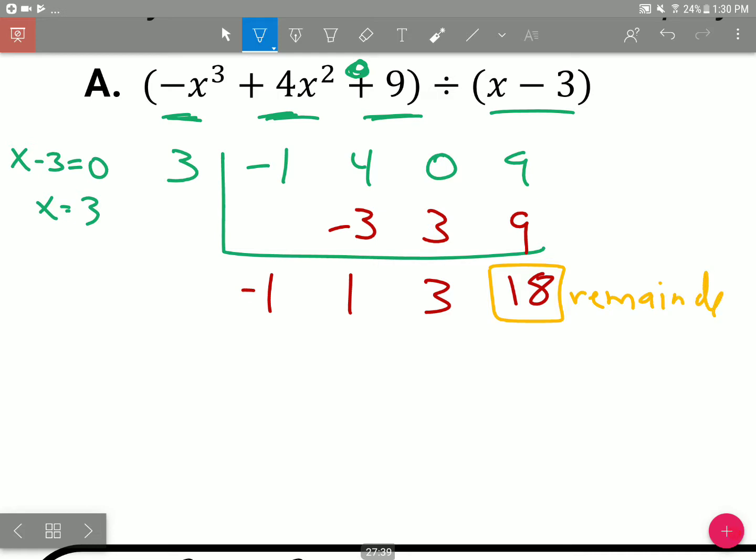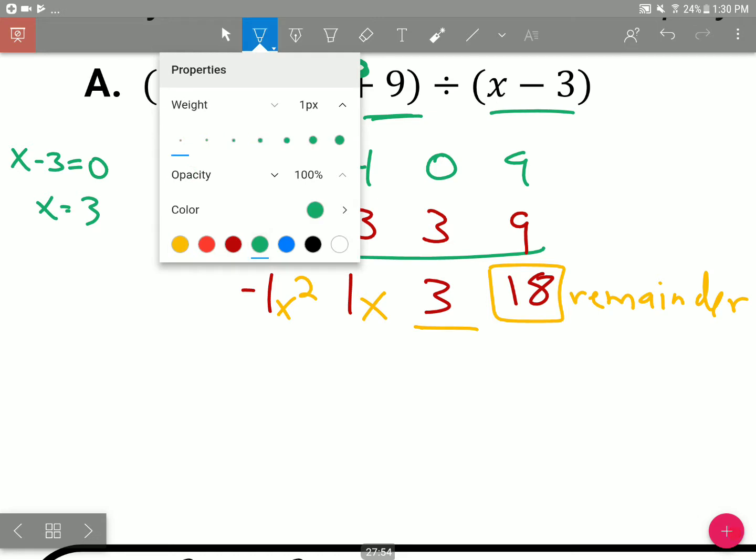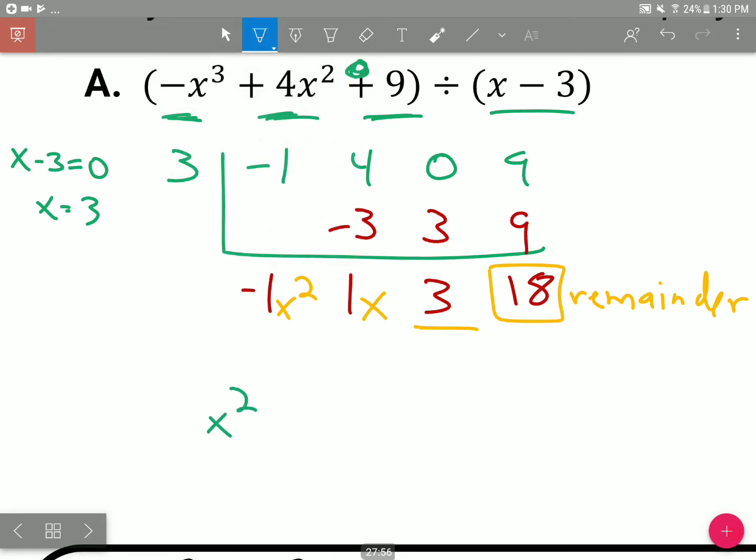And then these are my constant, my x, and my x squared. So your final answer is x squared plus x plus 3 plus my remainder, which is 18 over x minus 3.